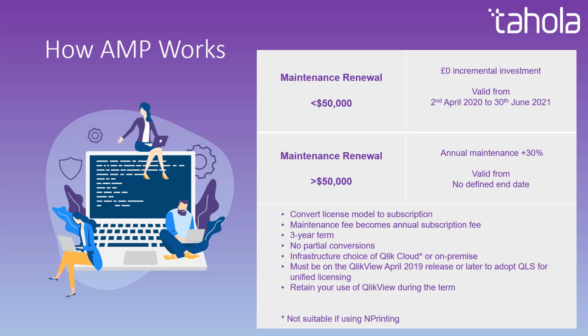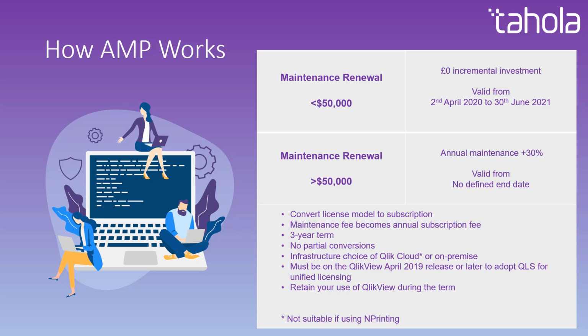The one word of warning I would urge is if you are an imprinting user, imprinting is not supported in Qlik's cloud environment, so you may decide that an on-premise environment will suit you better. You'll also need to check which version of QlikView you're on.